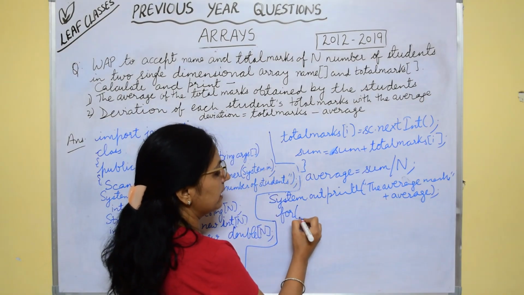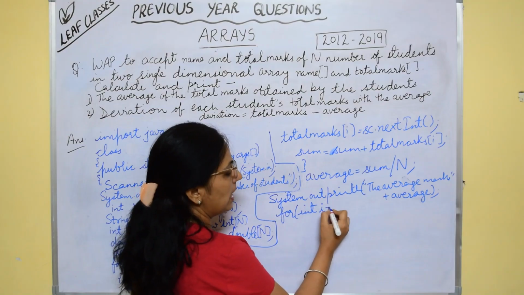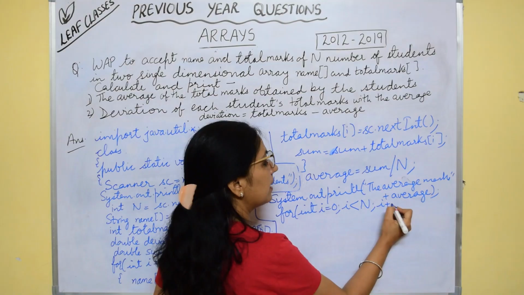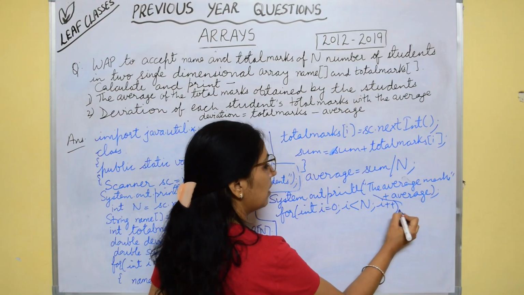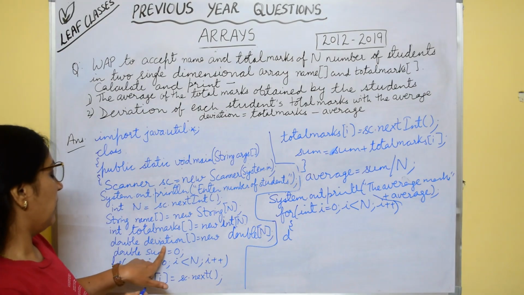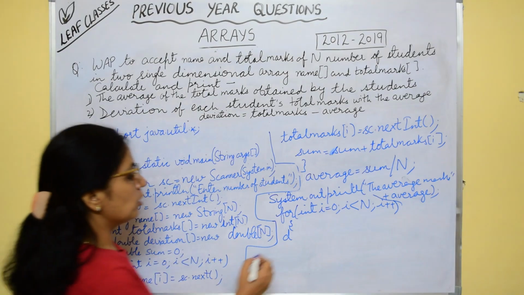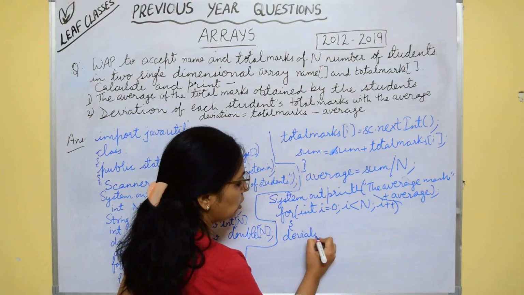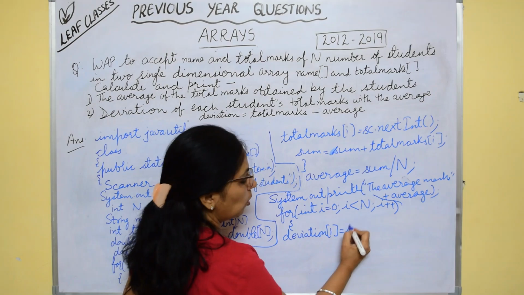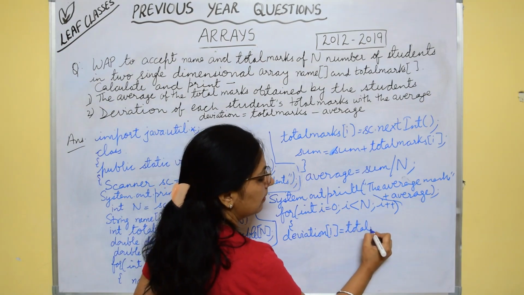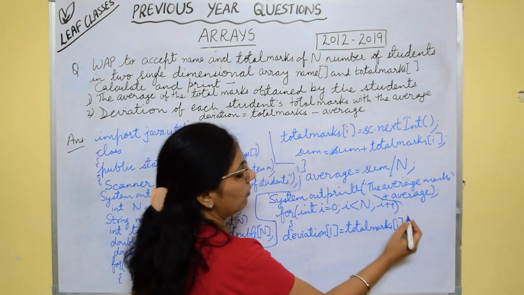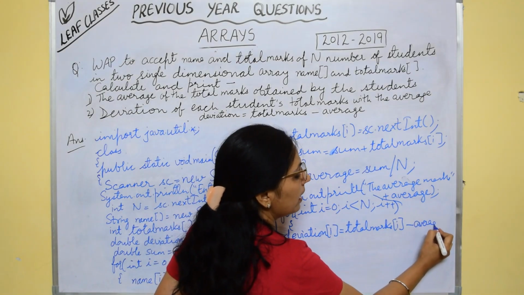Loop again will start from 0, i equals 0, i less than n, i plus plus, then deviation we have taken the array, deviation array, so we'll be using deviation[i] equals total marks[i] minus average. The question is very simple.